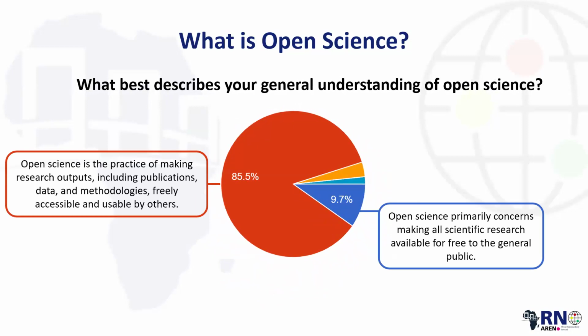And then we have about 10% of you who said that open science primarily concerns making all scientific research available for free to the general public. And actually, you were spot on, because both of these descriptions or understandings actually explain what open science is.